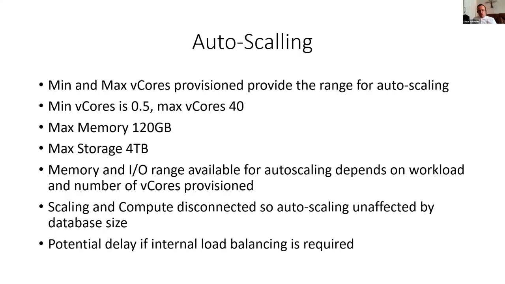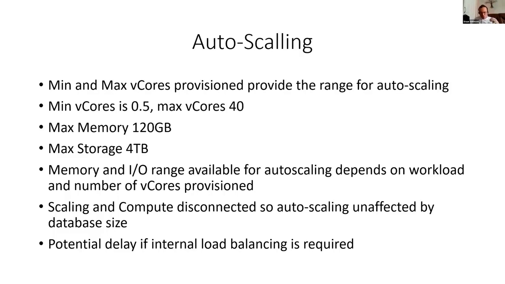Another thing to note about the auto-scaling is that the scaling and compute are disconnected. What this means is the auto-scaling is completely unaffected by the database size. It doesn't matter if your database is 10 gig or 3 terabytes. Because the scaling and compute is disconnected, the time it takes to scale up will be exactly the same. The only scenario where you might get a potential delay is if internal load balancing is required within Azure.